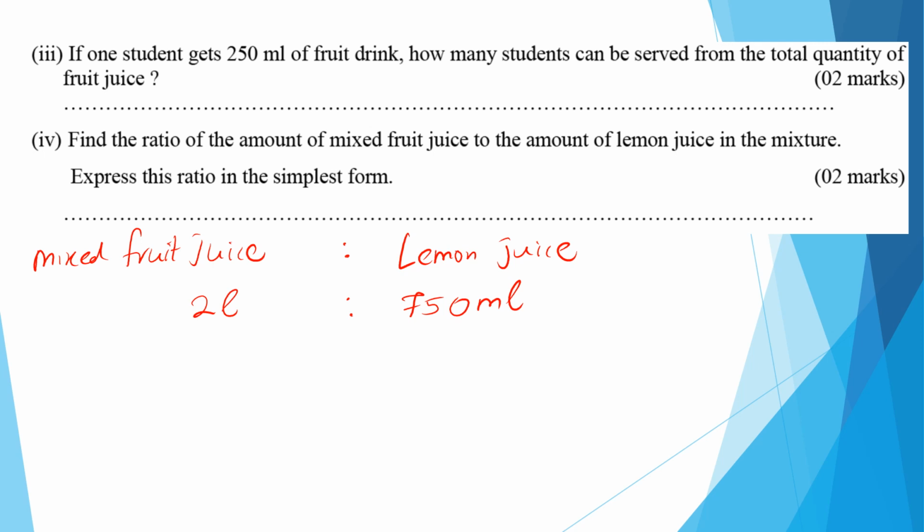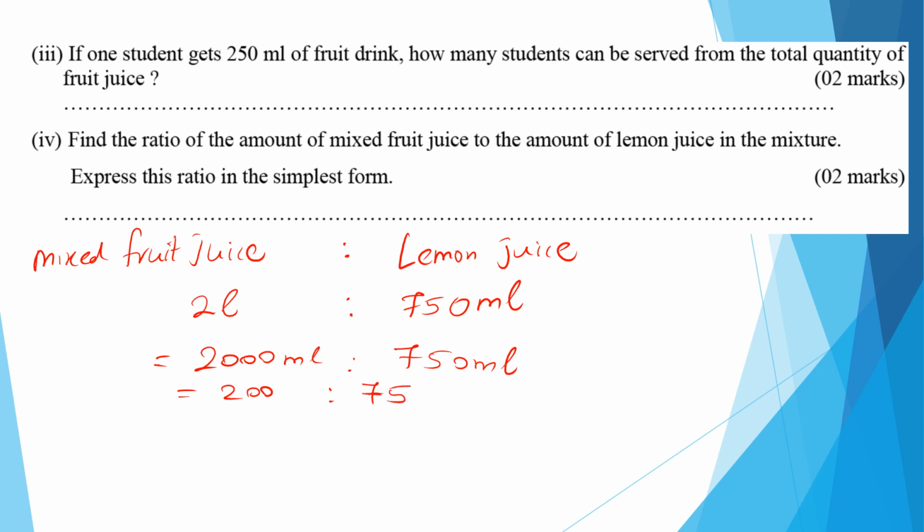So 2 liters means 2000 milliliters to 750 milliliters. Then we can divide all these by the same number. Let's see, we can divide both by 250. First we can divide both by 10, then we get 200 to 75.